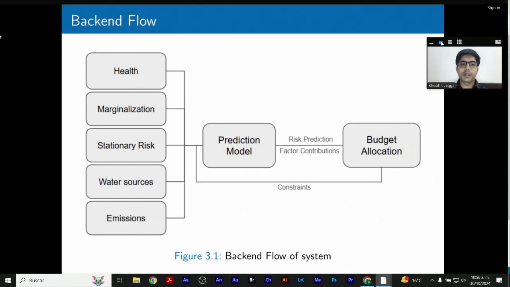The constraints of input risk sources are also fed to the budget allocation flow as we see in the diagram. These constraints are in terms of the required budget for working on those input sources. For example, what is the budget for setting up new hospitals in the area or reducing the concentration of chemicals in water sources in the area?